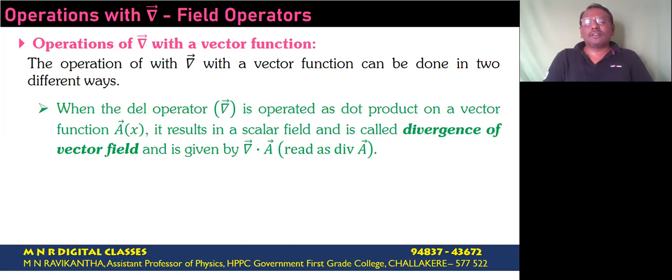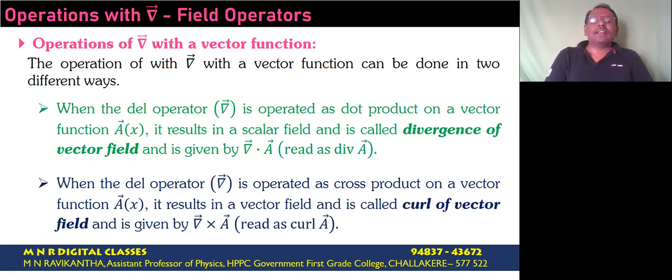It results in a scalar field and is called the divergence of the vector field. Symbolically, it is represented as del bar dot a bar, and it is read as divergence of a bar, or simply div a.